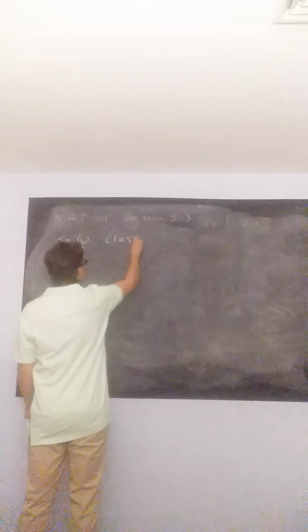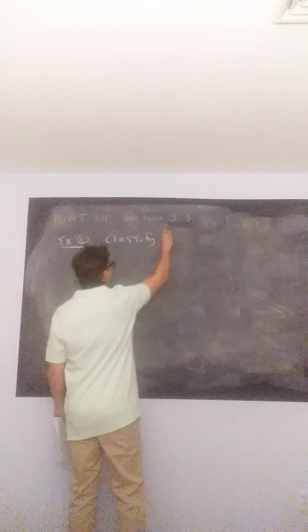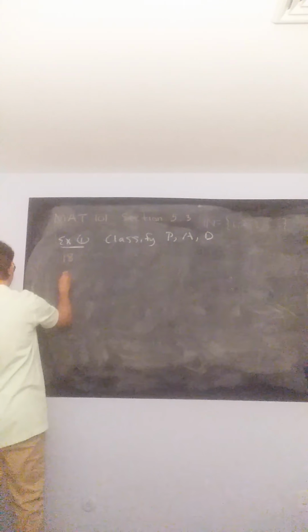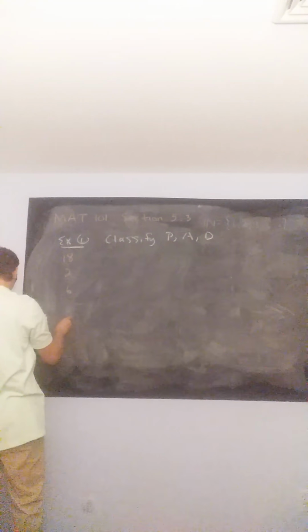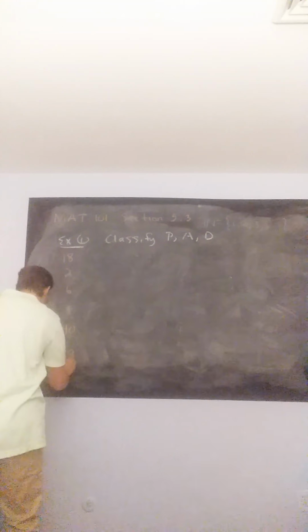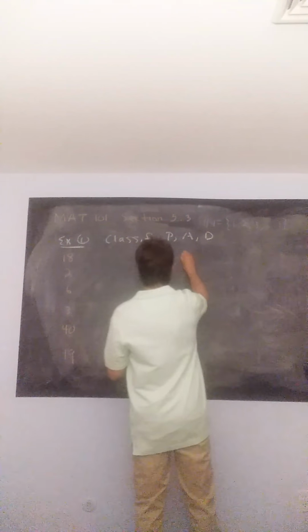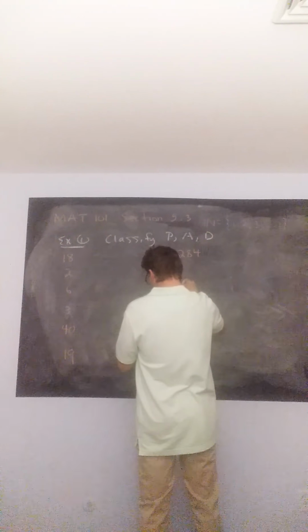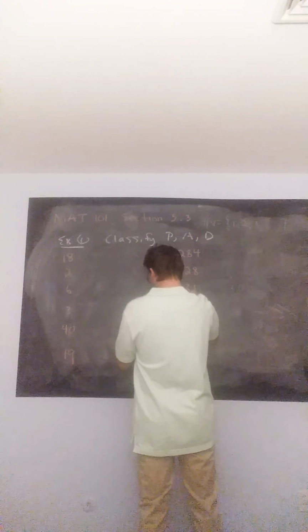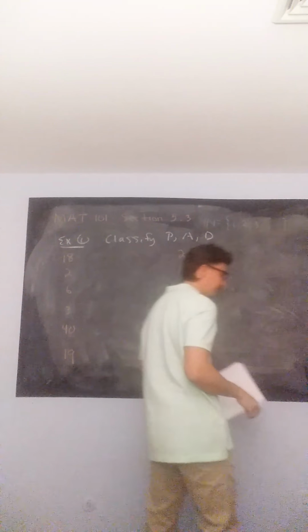So we're going to classify as perfect, abundant, or deficient. Now let's take a look at numbers I have for you. So we'll do 18, 2, 6, 3, 40, 19, 284, 28, 31, and 17.